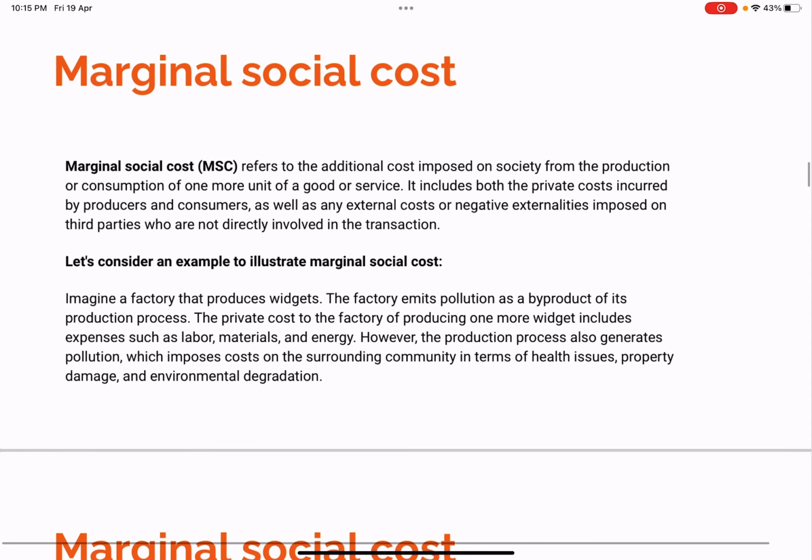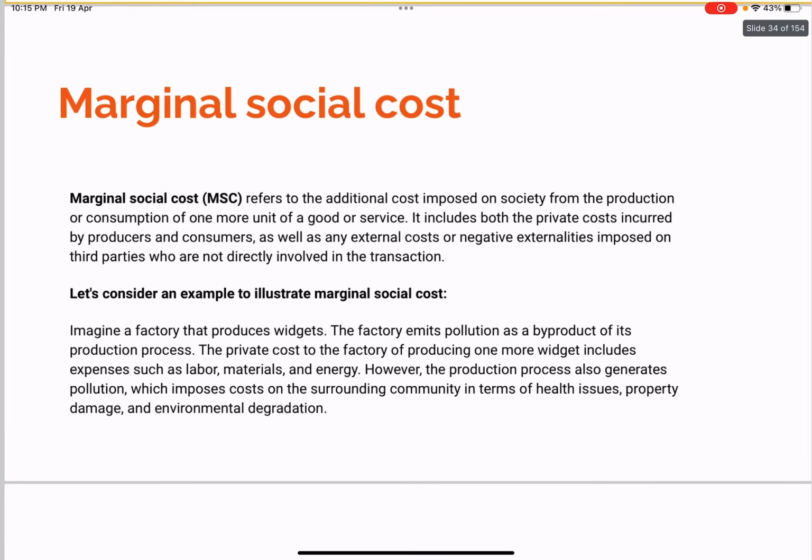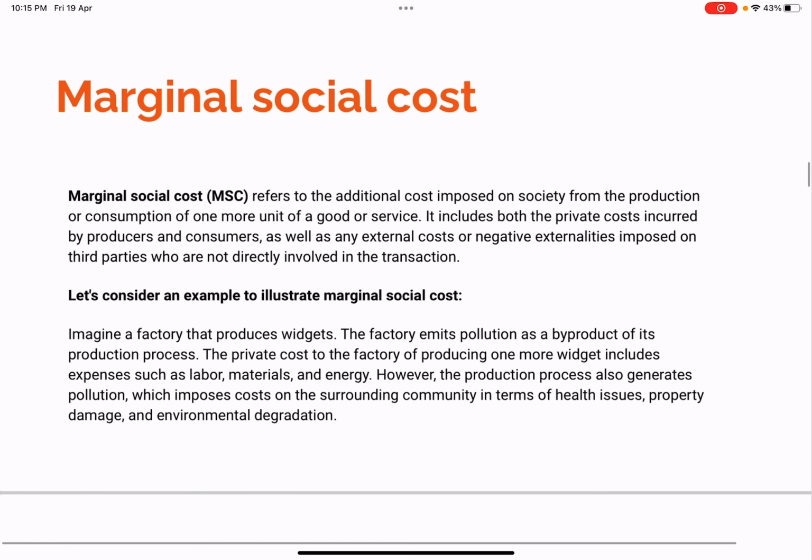Now, when you are talking about environmental economics, we are not simply talking about the marginal total cost. We are also interested in figuring out the cost which is borne by the society, and we had already discussed that this comes from negative externality. So, what is the marginal social cost? The marginal social cost refers to the additional cost which is imposed on the society.